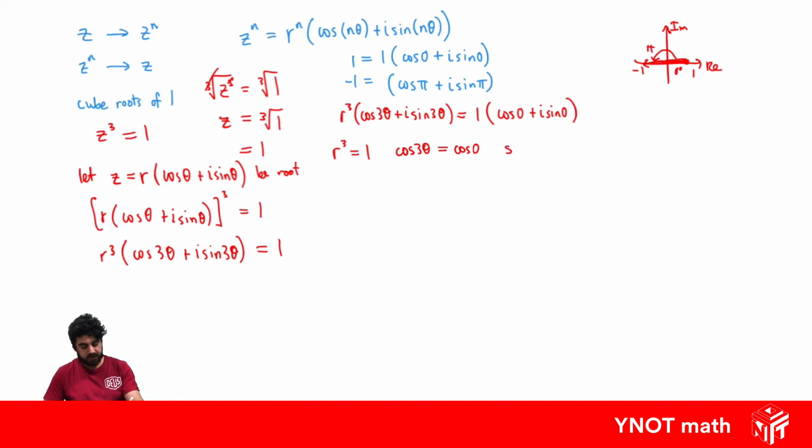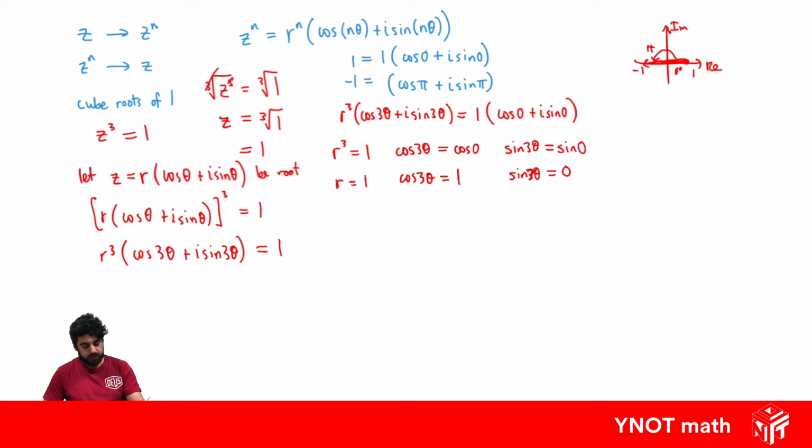And we can say that sine 3 theta has to equal sine 0. If we cube root both sides over here, we just get r is equal to 1. Let's tidy up: our cos 0 is just 1, and sine 0 is just going to be 0.